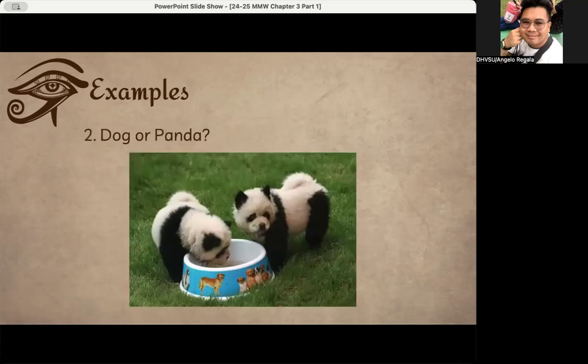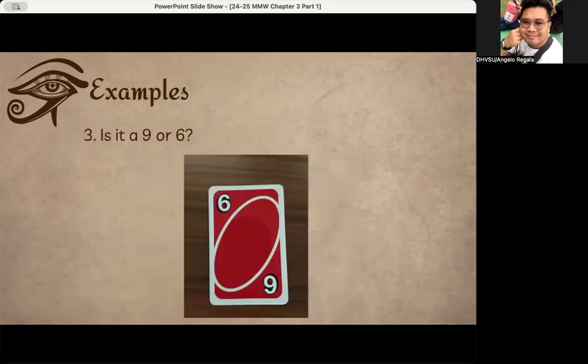Another one, is this a dog or a panda? No. So if you're not familiar, you may think that this is a panda based on your intuition, but actually it's a dog. No. Third, is it a 6 or 9? So, yan. Again, lagi mo sasabihin, I think, feeling ko 6 yan. Feeling ko 9 yan. Okay, so that will be intuition.